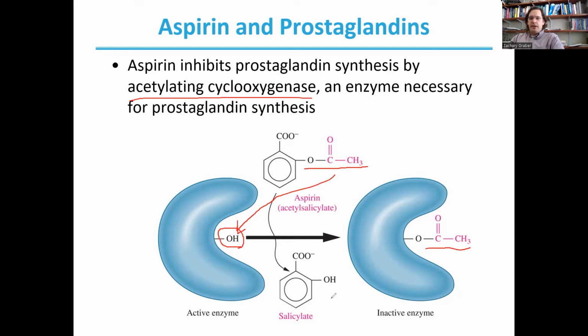So we end up producing our byproduct of aspirin, salicylate, as well as our inactive enzyme here. This, of course, would be an example of an irreversible inhibition because we've covalently attached this group here in our active site to block our normal interaction with our substrate. And so in order to eliminate this inhibition, we would actually have to produce more of our cyclooxygenase.